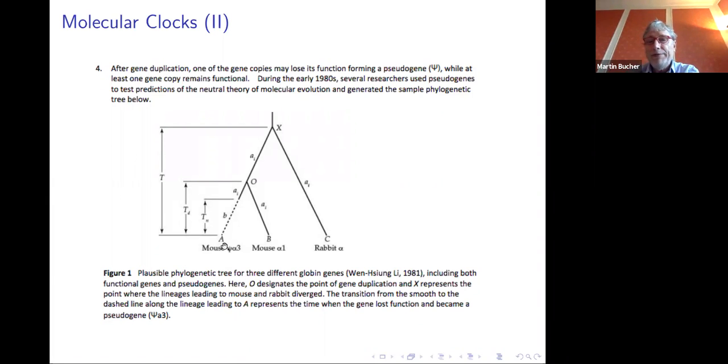But if we have these genomes here, and we want to test this hypothesis that this is the tree, there would be some non-trivial predictions that, for example, the genetic distance between this type of mouse and the rabbit would be the same as to this.